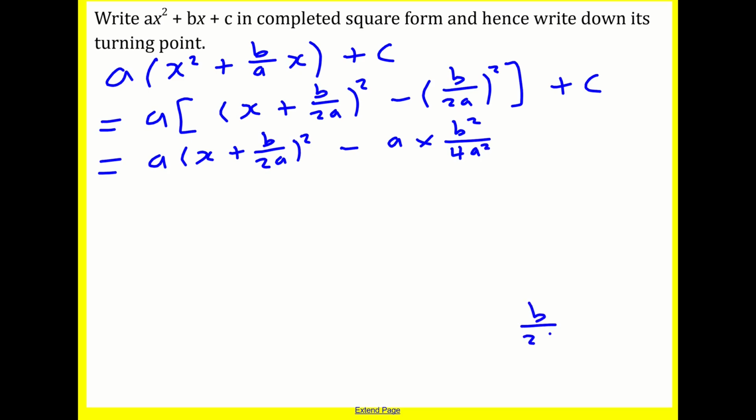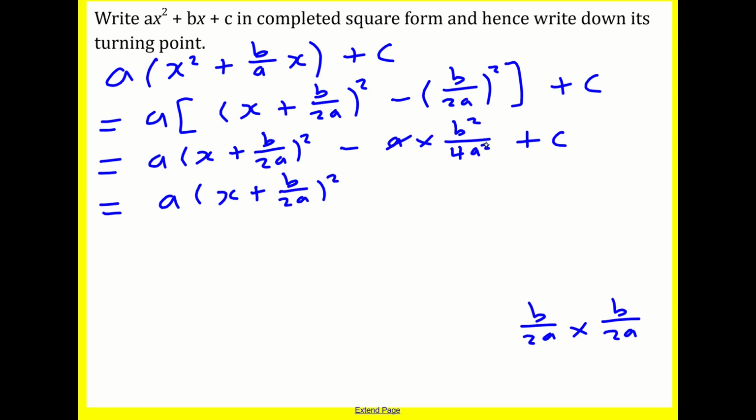Look, it's B over 2A times B over 2A. So you just times the tops, times the bottoms, you'll get that. You can take a shortcut and just square each term separately. We're not adding anything or subtracting anything, so it's okay to do that. And then I'm still adding C. And we're basically there. It's going to become A times x plus B over 2A all squared.